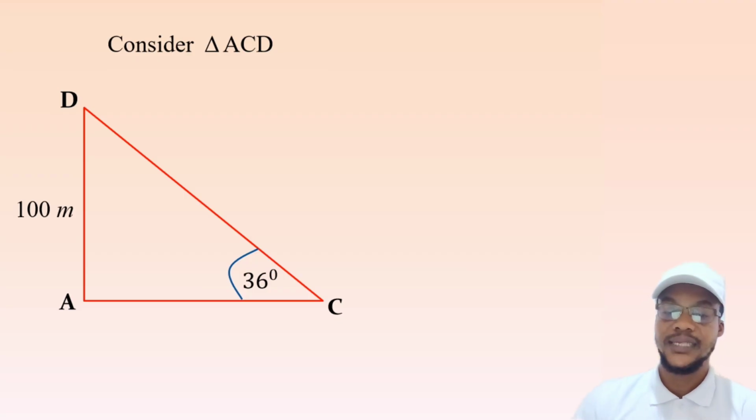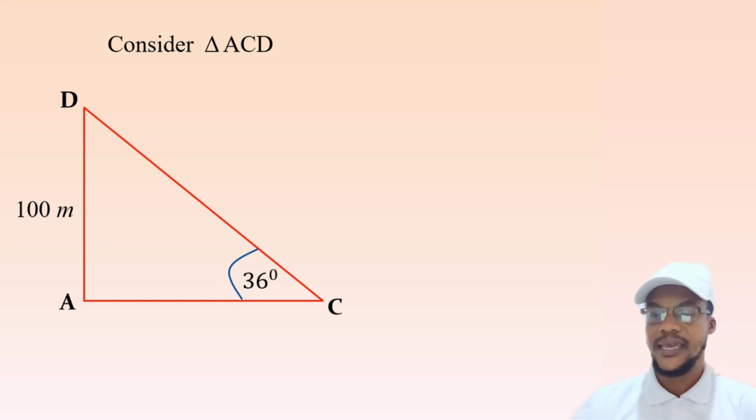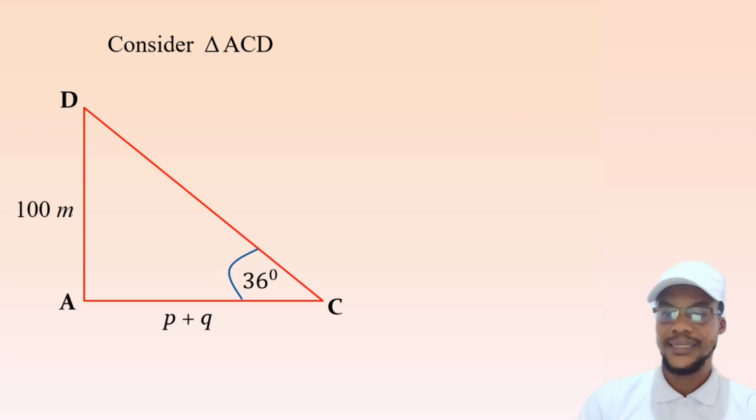But as for the distance between A and C, that is between the foot of the lighthouse and the second fishing vessel, that is the total. So we added P to Q, so we had P plus Q as the distance.